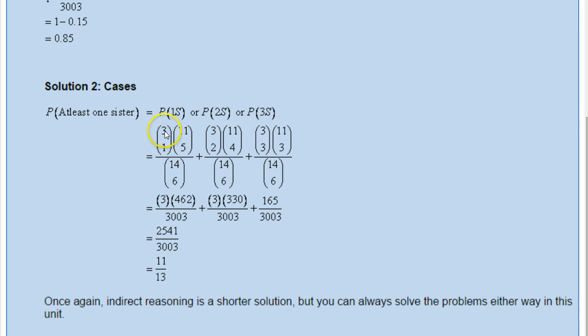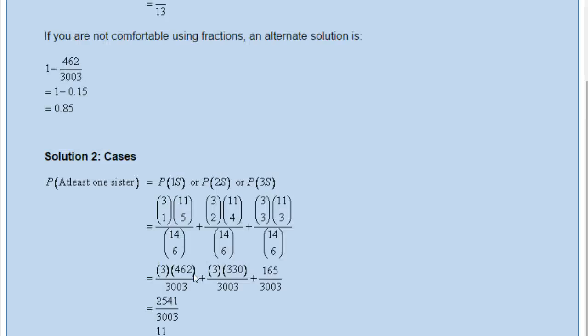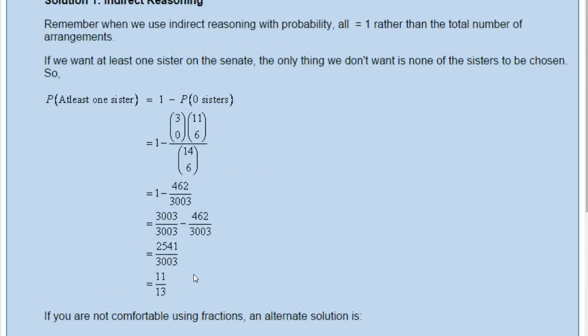And we set it up of 3 choose 1, you're choosing 1 sister, times 11 remaining people, and you're choosing 5 from the remaining 11, divided by the total number of possibilities, plus 3 choose 2 sisters, 3 choose 3 sisters, and we sum that together, we get the same result. So in this case, indirect reasoning is much shorter, and I find that I use indirect reasoning when I'm doing things with probabilities very frequently.